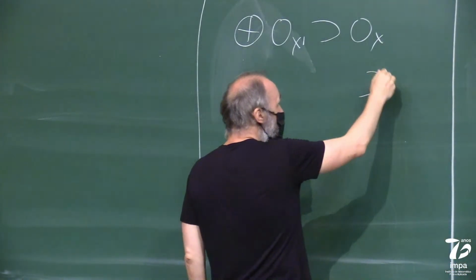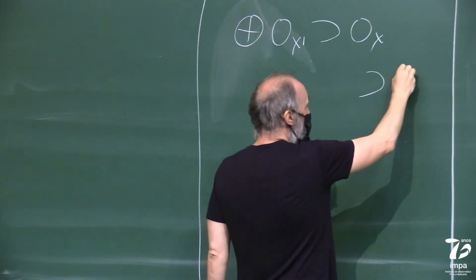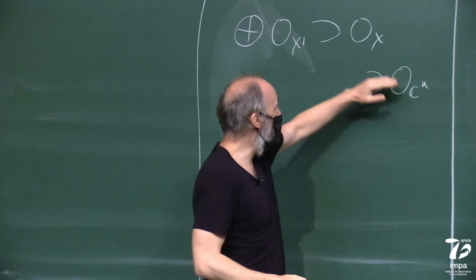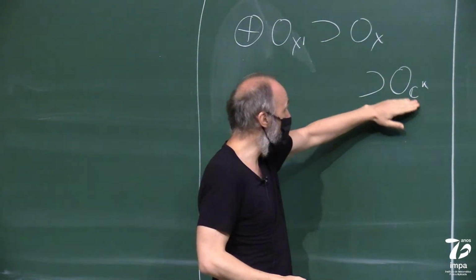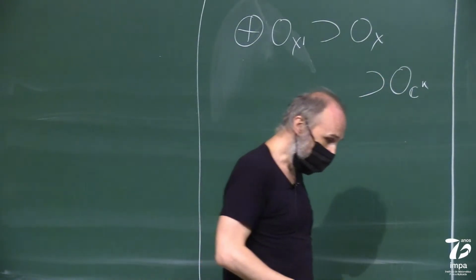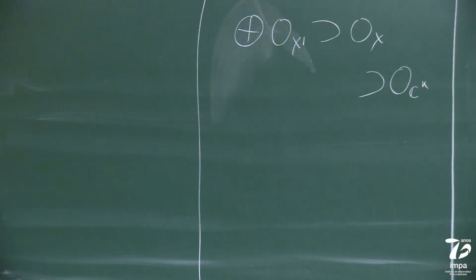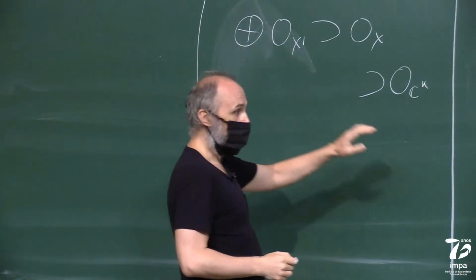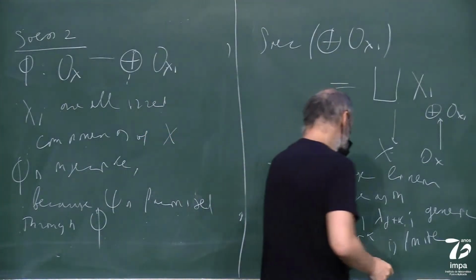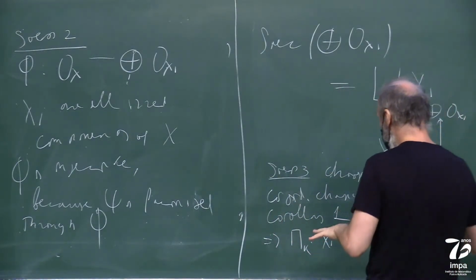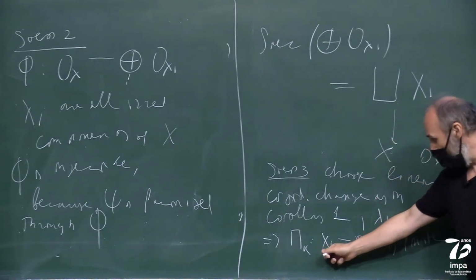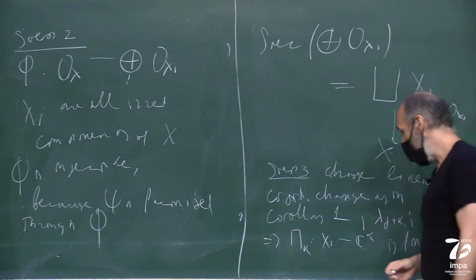And then this contains O of C^k. These are functions on C^k which are pulled back to X. And we choose it in such a way that on each component this pullback is injective, because this was our assumption. We have chosen the projection to C^k in such a way that on each Xi it's finite.